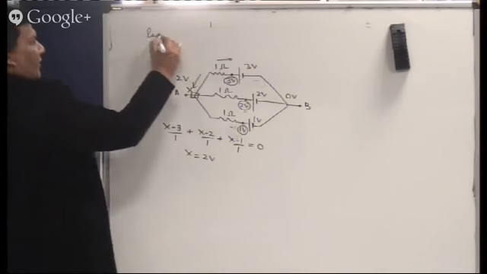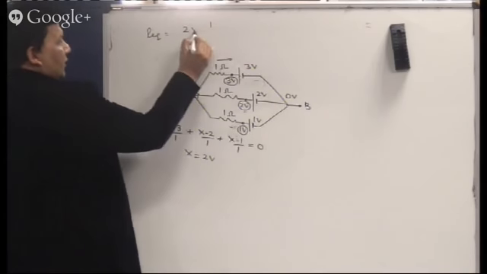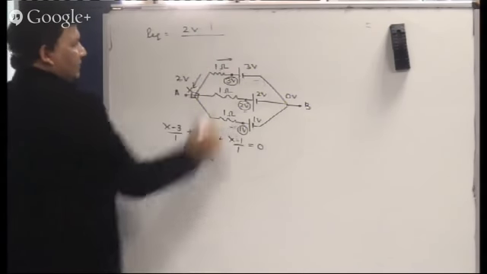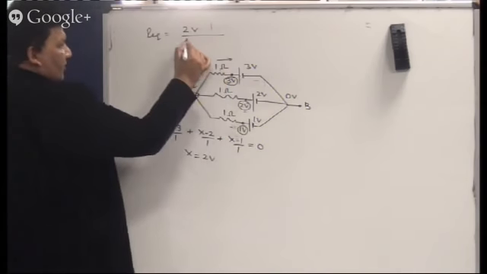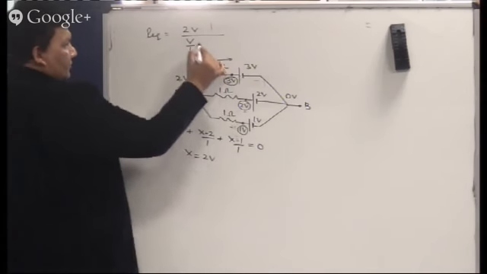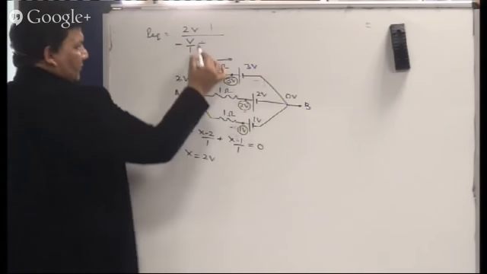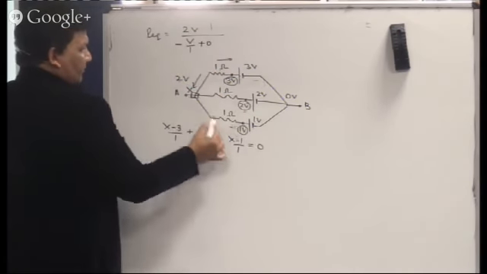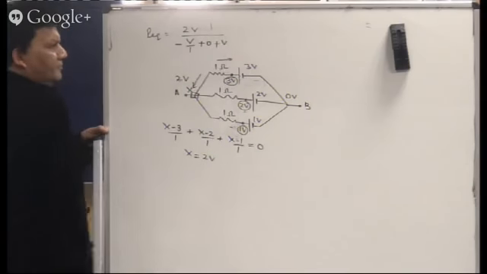R equivalent will be, what is the potential difference? 2 volts. And what is the current which is entering? ये opposite direction जा रहा है, so this will be V by 1. ठीक, तो माइनस लेंगे उसको. ये कितना? 0. परफेक्ट. ये कितना? कितना?